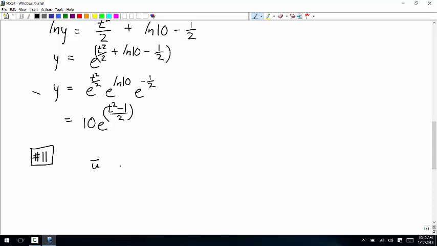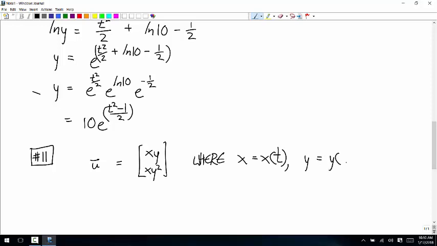So this u vector is equal to xy for the x component, xy squared for the y component. Like you said, we're going to assume that x is a function of time and y is a function of time.